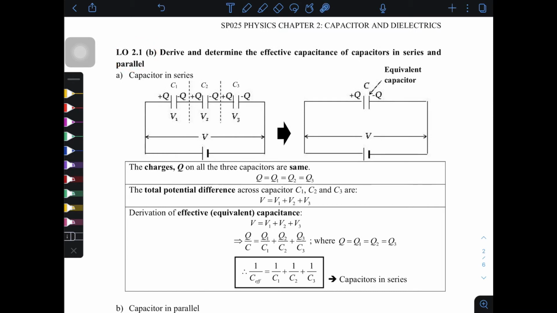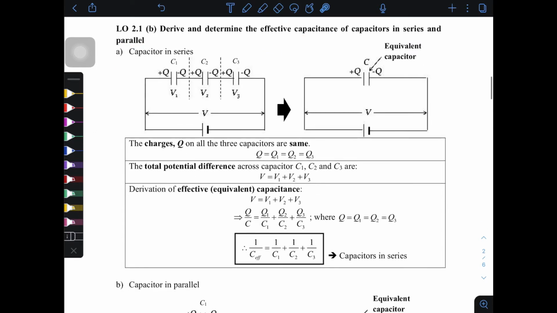Okay, and we go to one more, learning objective 2.1b. You need to derive and determine the effective capacitance of capacitor in series and parallel. Okay, so you have already known what is series and what is parallel. Okay, as we show here, we have three capacitor C1, C2 and C3 and dia berada dalam keadaan series. How we want to know it in series? Kalau kamu tengok, satu sahaja kaki C1 bertemu dengan C2.